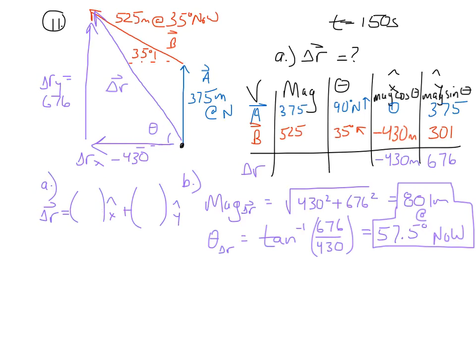Unit vector notation simply means you state a vector in terms of its x component and its y component. So what is its x component? Negative 430, right? Negative 430 meters x hat, and the y component is 676 meters. I didn't draw that very well, did I? 676.